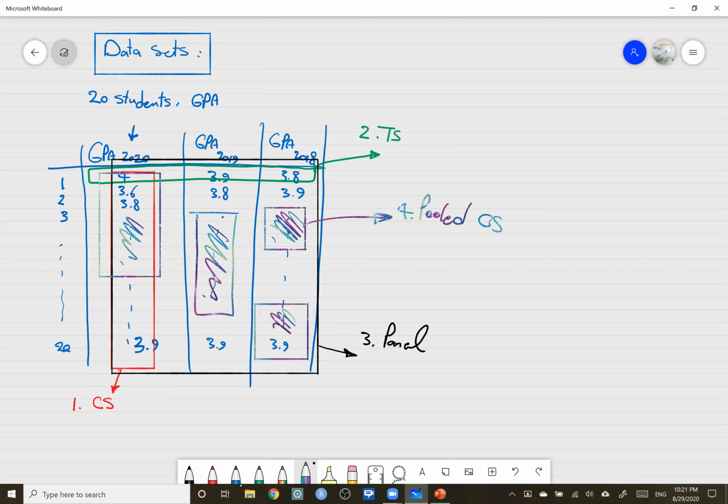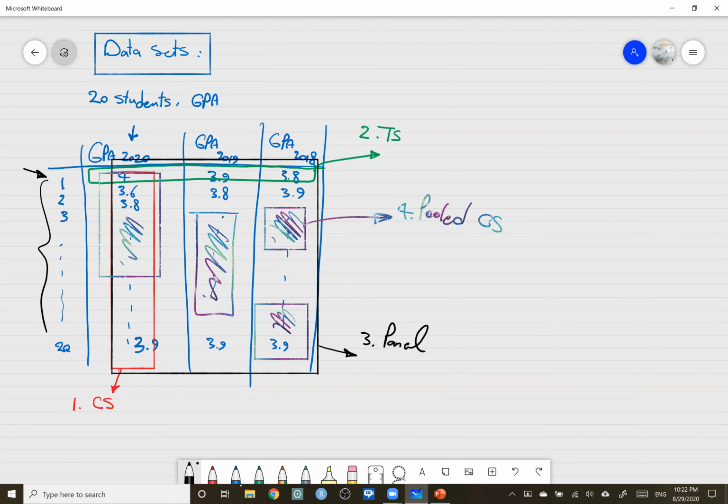In the following slides, you're going to see when and why exactly we need to pool, and what kind of data sets we're going to work with in pooled cross-sections. As a quick summary: cross-section is looking at multiple people at one specific time, time series is one person over time, panel is multiple people over multiple periods, and pooled cross-section, as it's self-explanatory, is pooling of cross-sections.